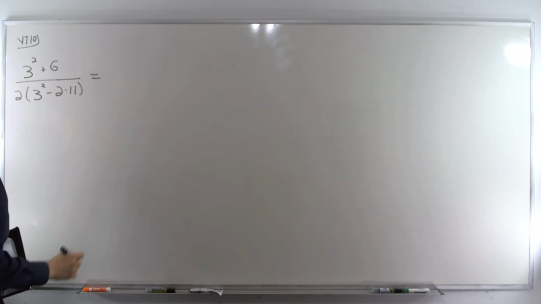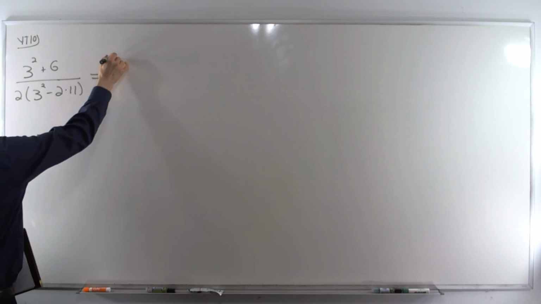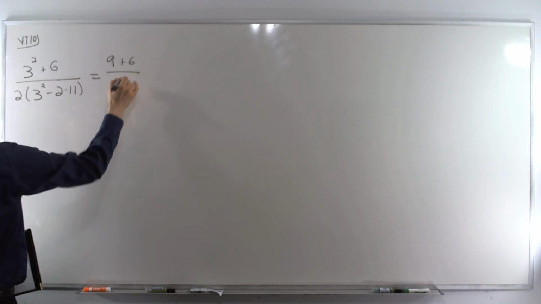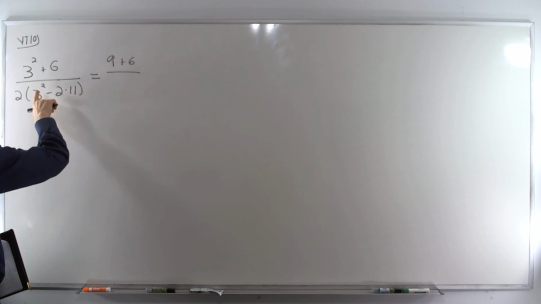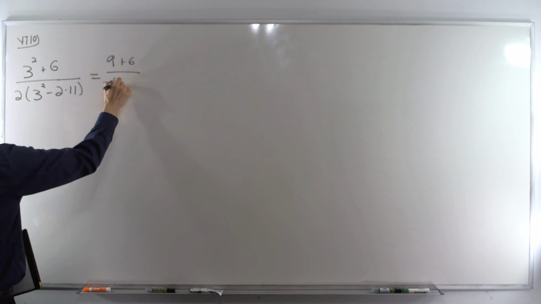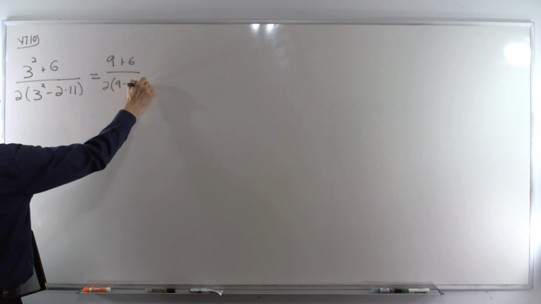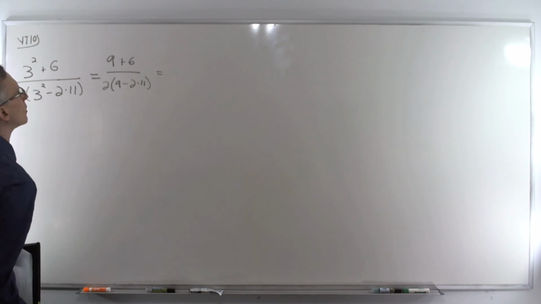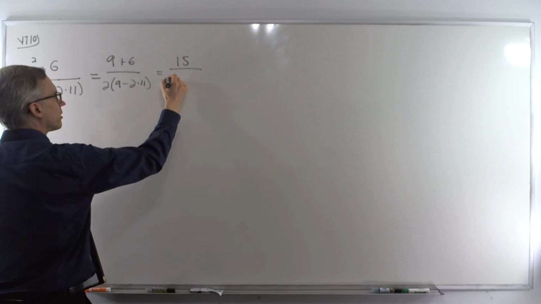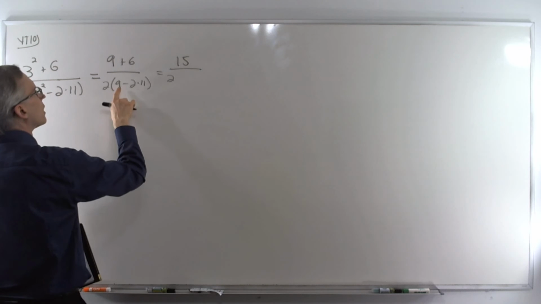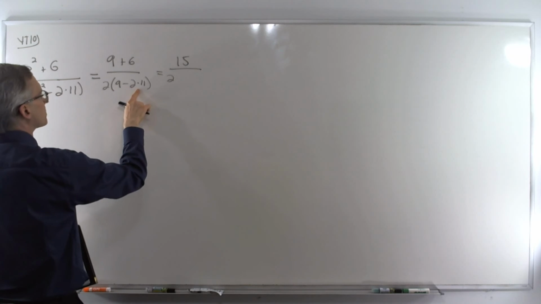Sometimes it's nice to just do these horizontally, so I'm going to do that this time. So 3 squared gives us 9. And then the bottom, we're going to do order of operations inside the parentheses, do the exponent first. So that's 9 minus 2 times 11. All right, we can add those together to get 15 on top. And on the bottom, we got 2 times 11, that's 22.